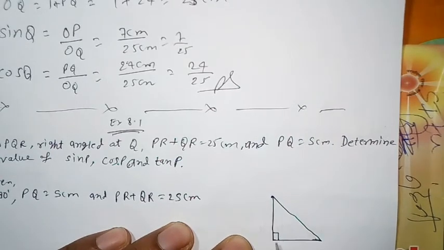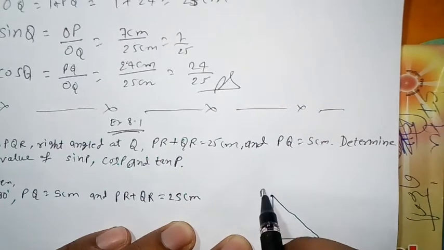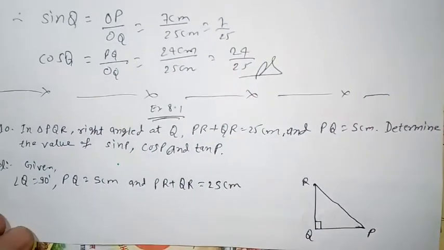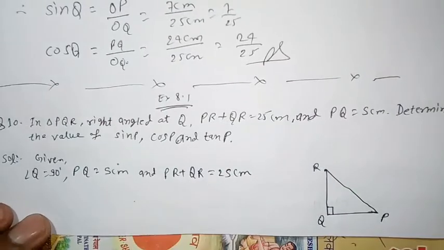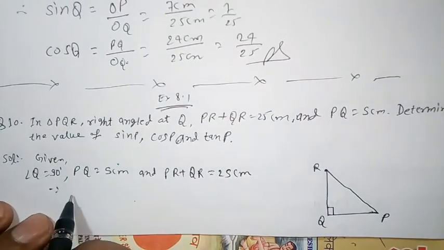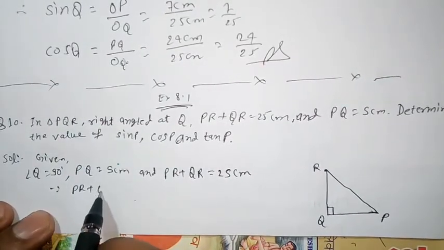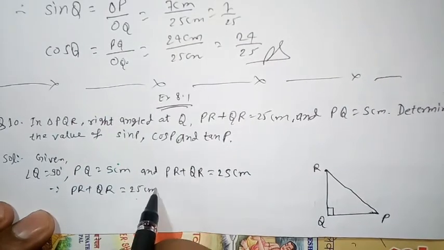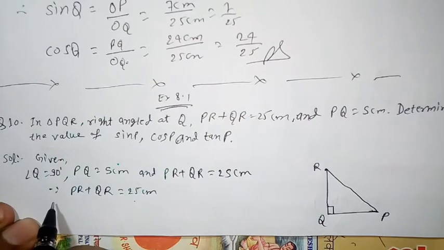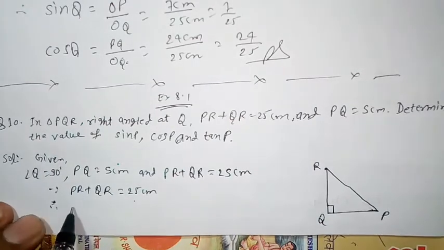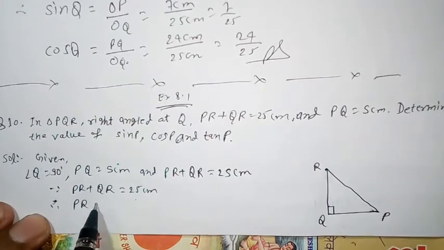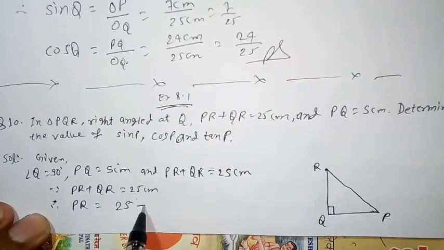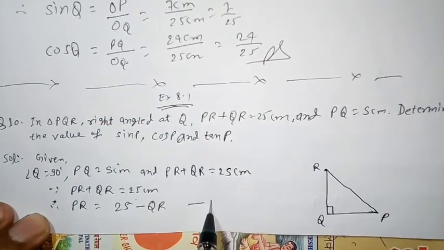Q is 90 degrees, so P, Q and R. Okay. Now because PR plus QR is equal to 25 centimeters, therefore PR is equal to 25 minus QR. Equation 1.